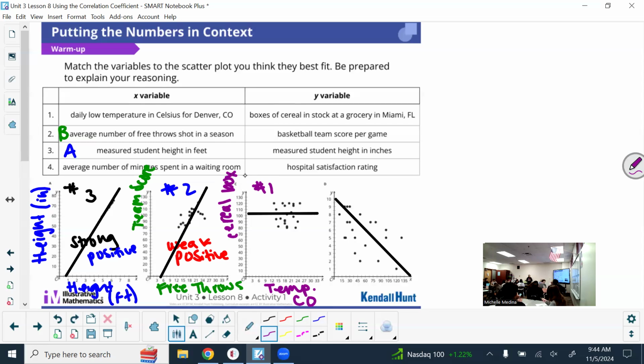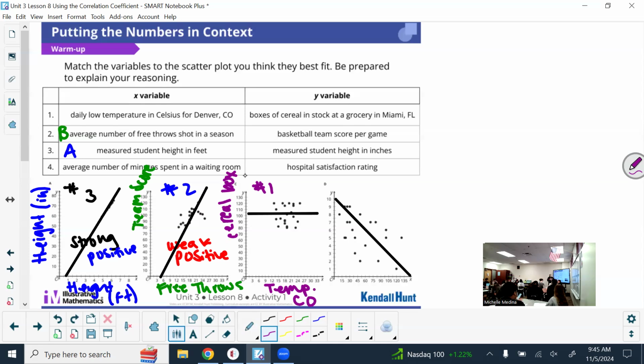Tomorrow we're doing a lesson on causation, which is paired with correlation, but not really. While you can probably say that there's a strong relationship, maybe I do take some data and I see a strong positive relationship for these random variables.